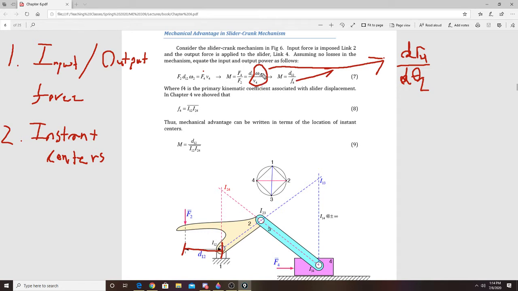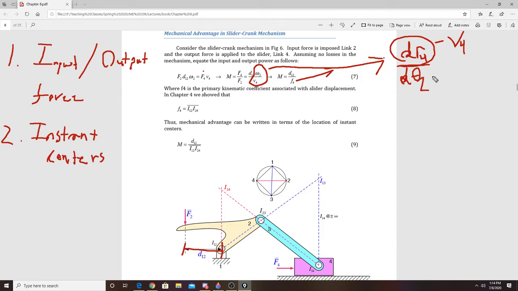And right here, dr4 is what? The derivative of r4 is essentially the velocity of 4, right? Would you guys agree? So this right here is the velocity, so this is V4. And d theta 2 is what?